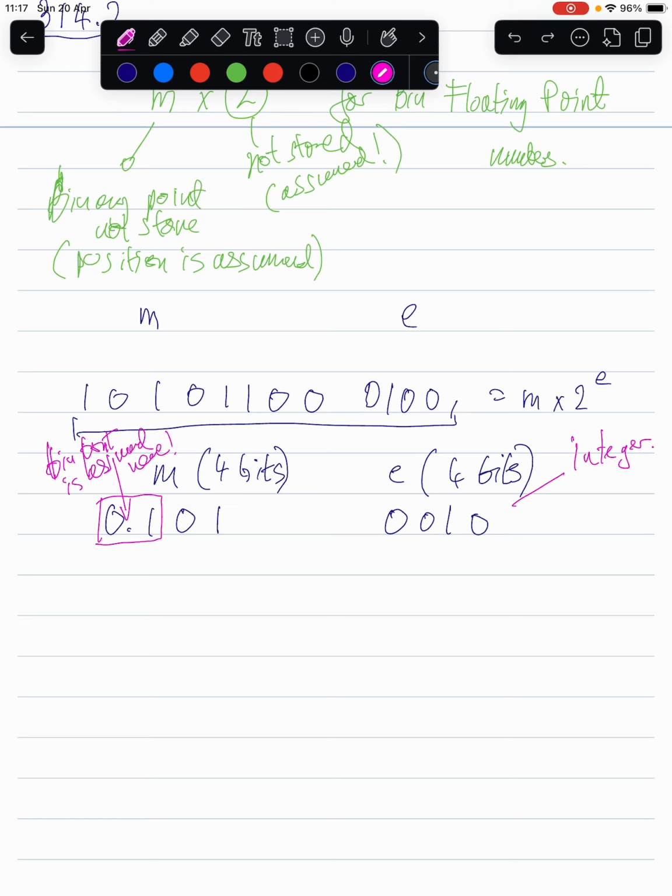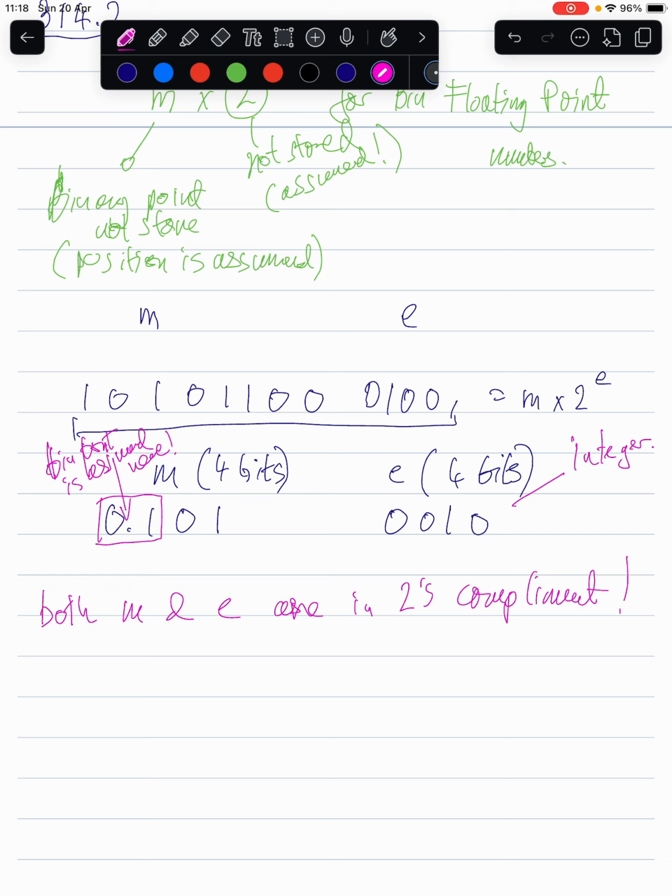Now both parts, both M and E, are in 2's complement. Okay, so remember that.